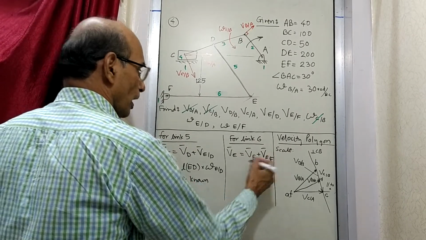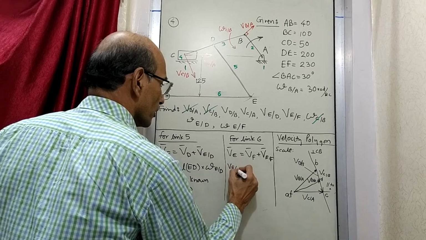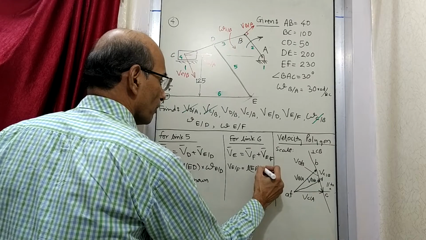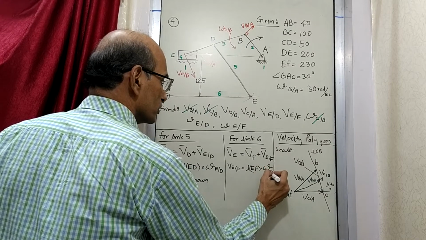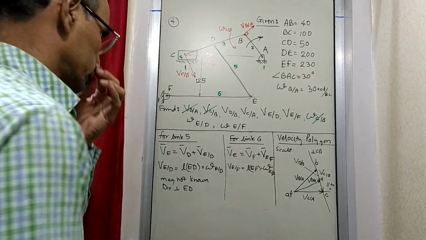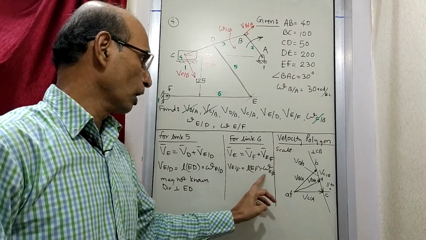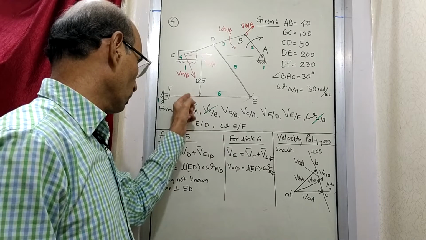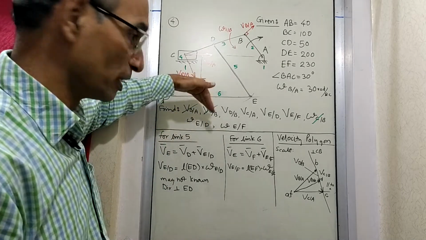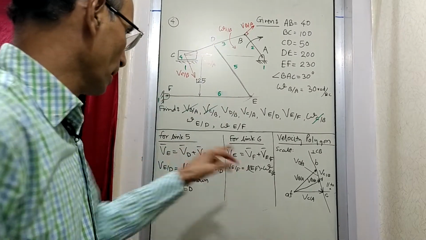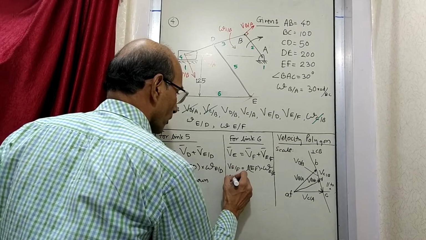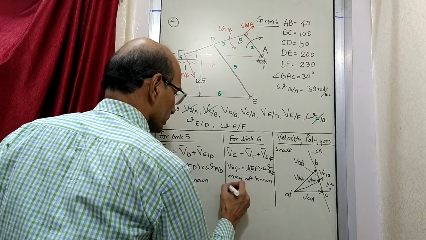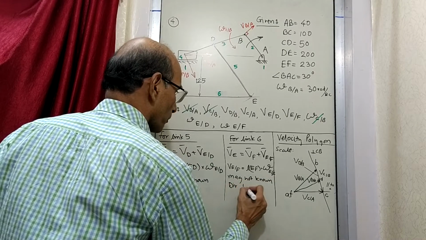Now this is 0 and this is equal to length EF multiplied by angular velocity of E with respect to F. V equal to R omega. Now omega here again, angular velocity we are not given how much is the angular velocity of this link. So we don't know that. So magnitude you will not be able to find out. Direction, yes, perpendicular to EF.